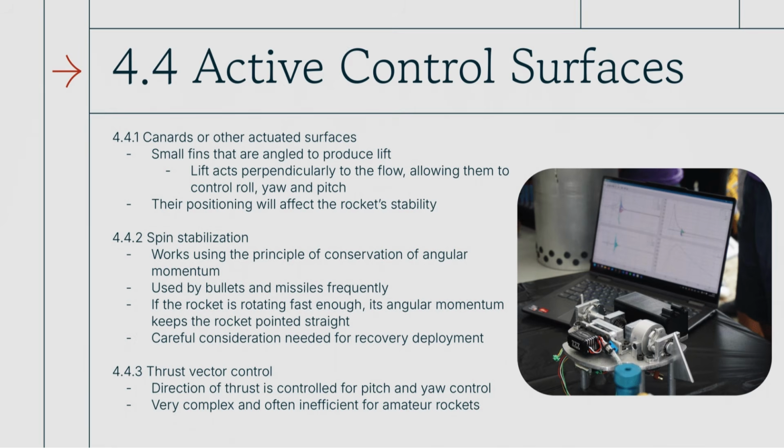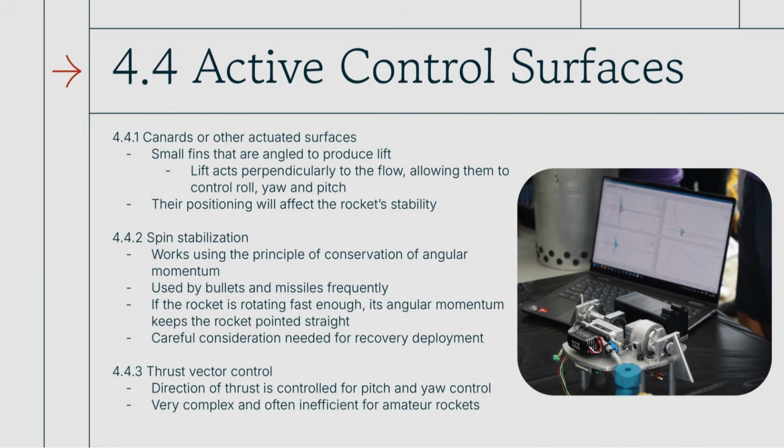All right, let's talk about some active control surfaces. Just briefly, I'm going to talk about what they are and how they work. There are a few different main ways you can control a vehicle actively during flight. The first way is what we did, which is canards or any other actuated surface. The canards can be wherever you want on a vehicle, and they will probably still work.